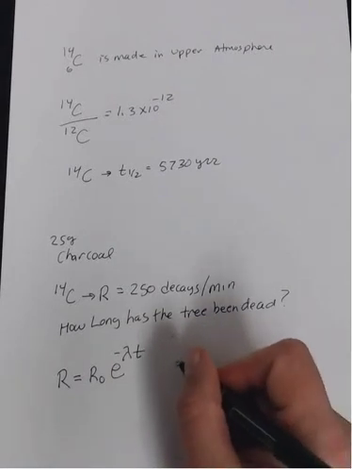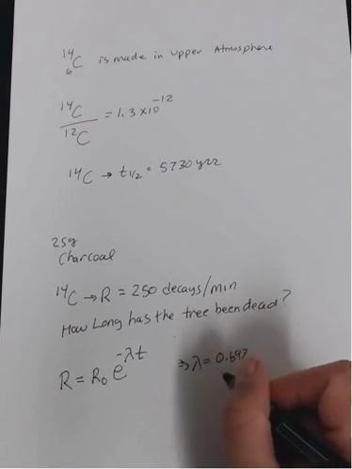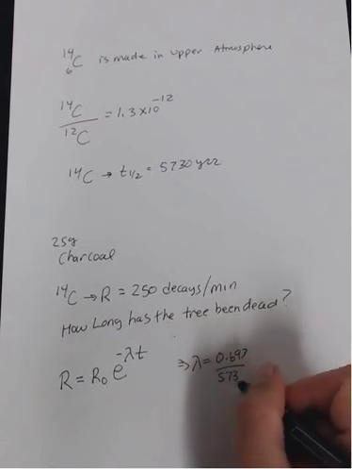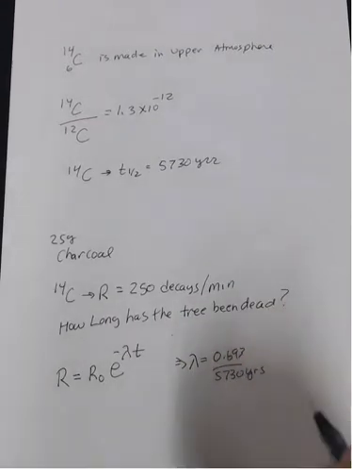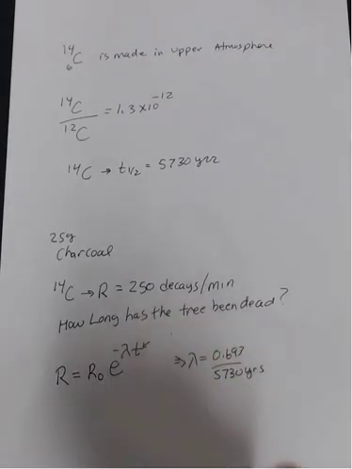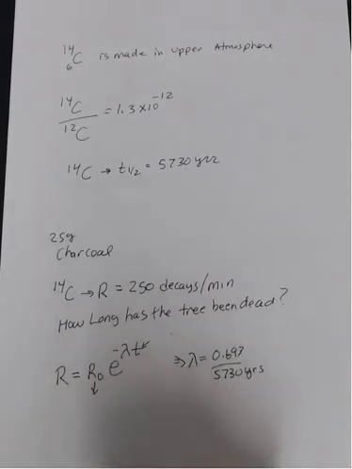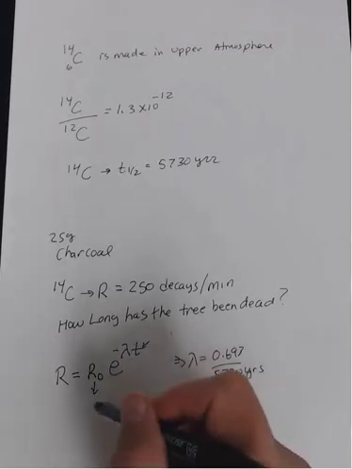Lambda is 0.693 divided by 5,730 years. We don't know how much time has occurred. What we'd like to know is what the initial rate should have been. Well, here's a way we can do that.